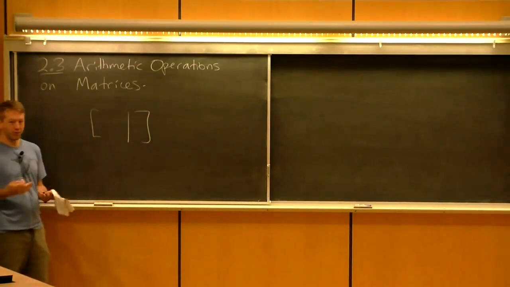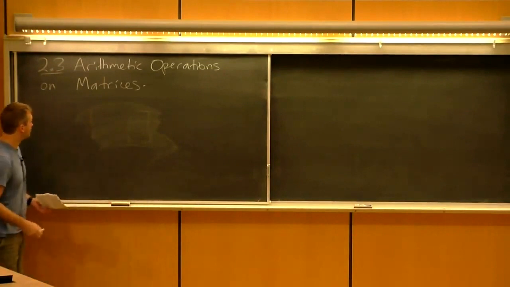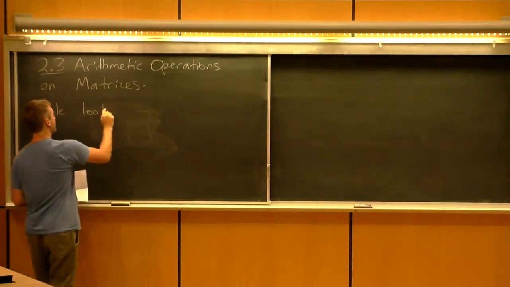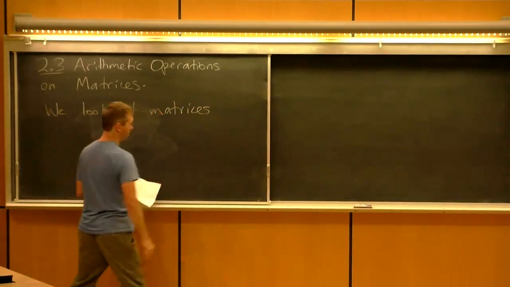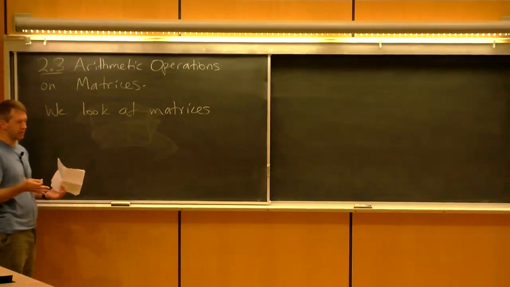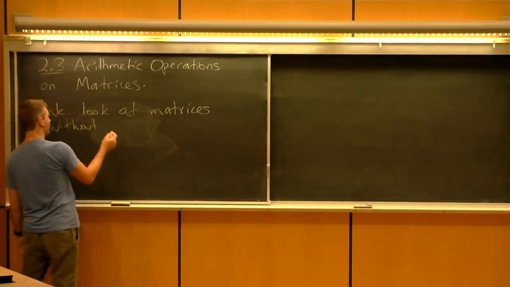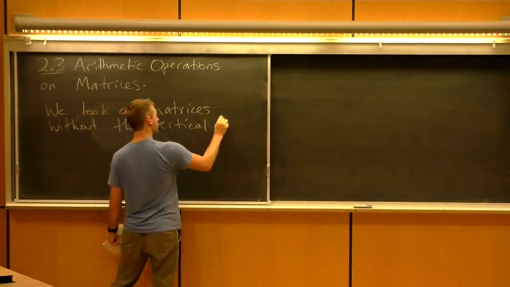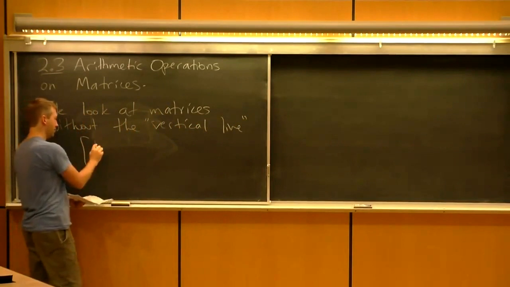We're going to really look at matrices for a while that don't have this vertical line. Basically, this vertical line was just representing equals. So just to be clear, we're going to look at them without the vertical line, for example, matrices like this.